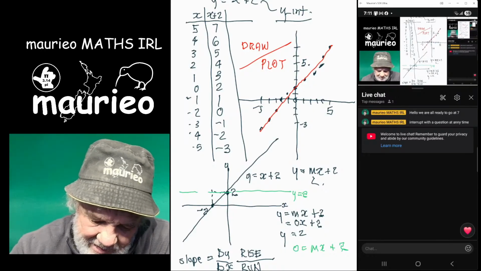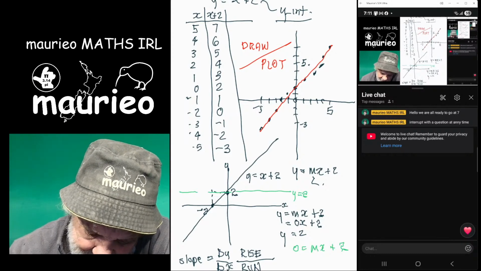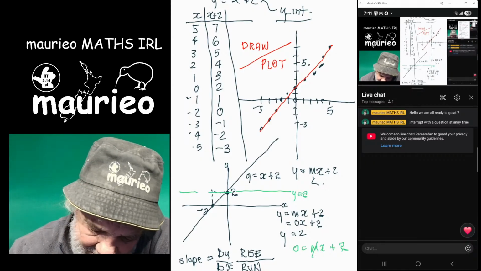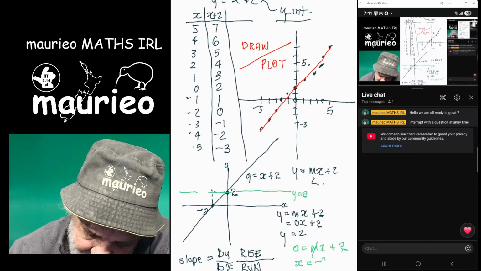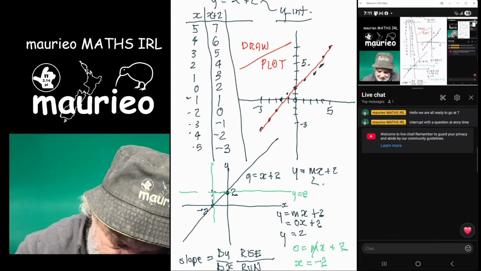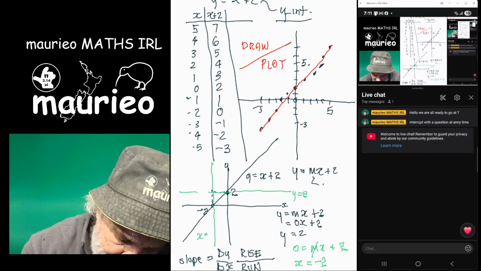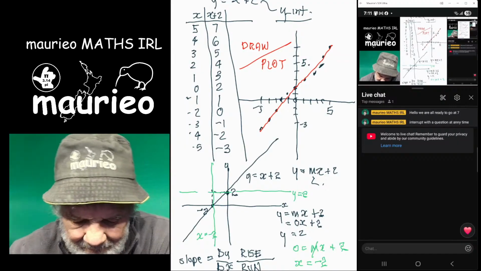In our case here, we can just take that out, and we get x equals negative 2, and x equals negative 2 is that line there. And in our case here it's equal to y equals 1. Okay, so that's just there.